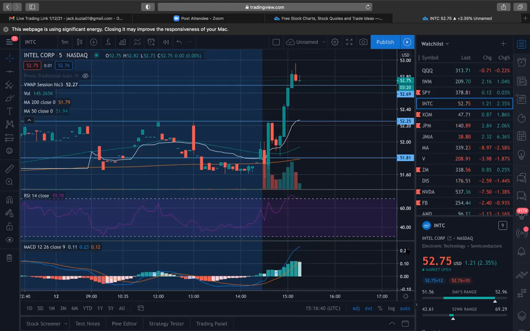So what happens when you set up a debit spread is you buy a contract with a high premium. Let's say we were setting one up on INTC, we would buy a 53 call, but then we would sell maybe a 55 call. So we buy a premium that's maybe $100 and we sell one that's $50.